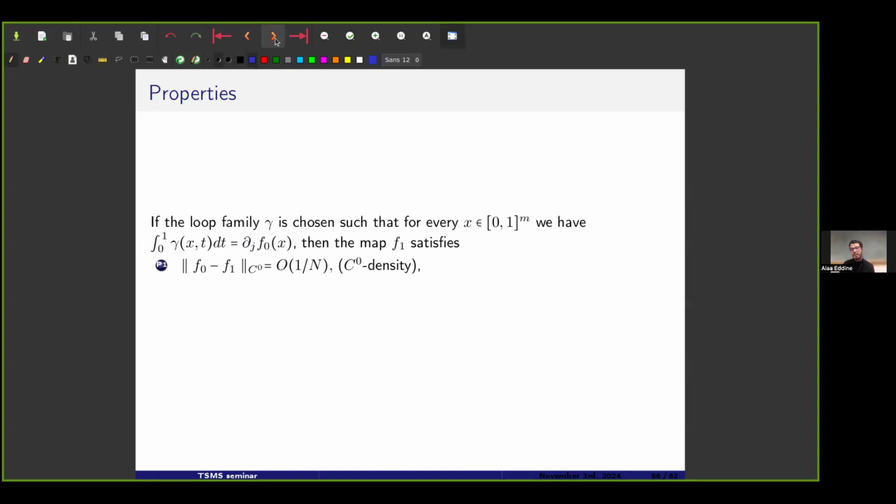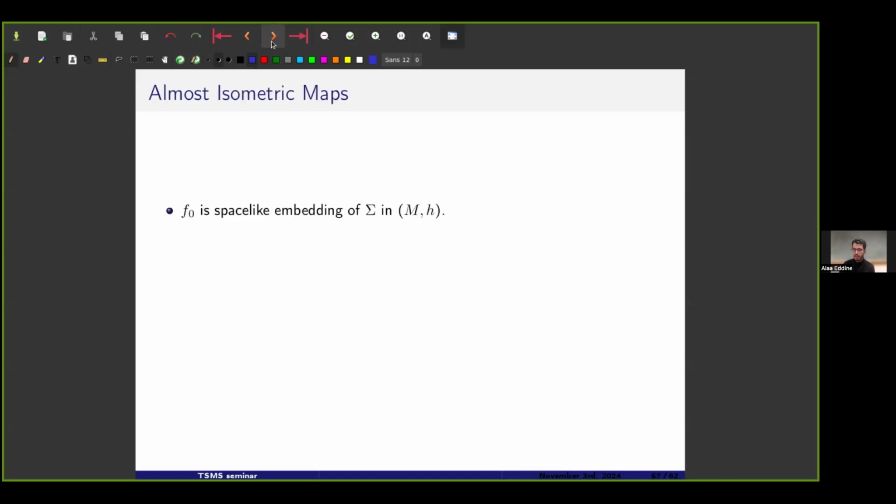The derivatives in directions different than g will not change so much; they will still be close to the derivative of f0, and the derivative in the direction g will be almost equal to gamma. So the idea is using this to find an epsilon isometric embedding, an almost isometric embedding.